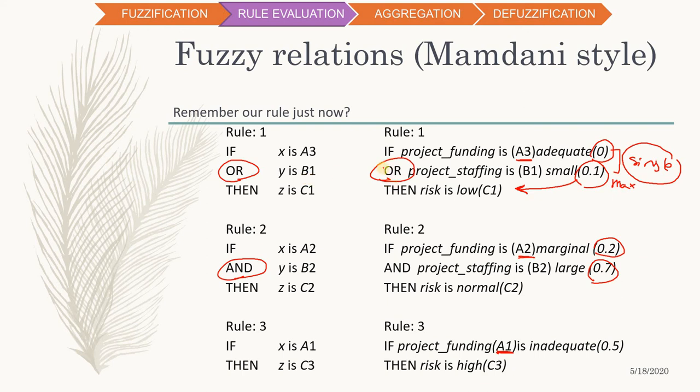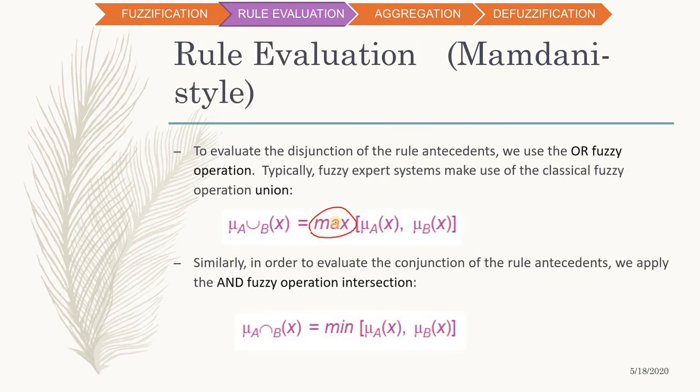Here we have OR, so from these multiple antecedents we take the maximum value. Out of these two, the maximum value is 0.1. If we have conjunction, meaning we apply the AND fuzzy operation, we need to find the minimum value.